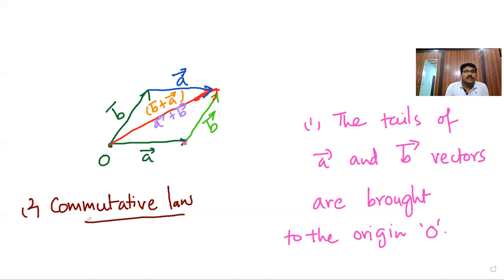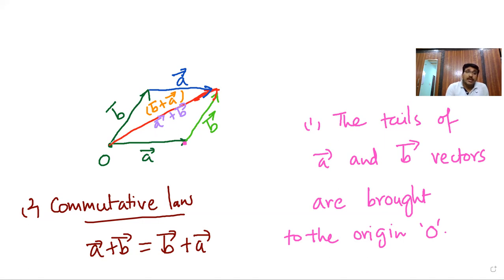What does this law say? Observe, A bar plus B bar is equal to B bar plus A bar. In this parallelogram, A bar plus B bar is equal to A bar plus B bar.